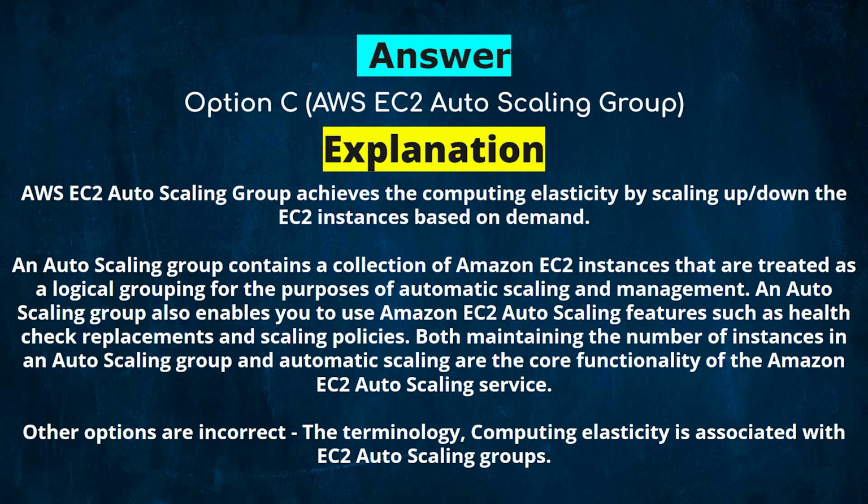An auto-scaling group also enables you to use Amazon EC2 auto-scaling features such as health check replacements and scaling policies. Both maintaining the number of instances in an auto-scaling group and automatic scaling are the core functionality of the Amazon EC2 auto-scaling service. Other options are incorrect. The terminology computing elasticity is associated with EC2 auto-scaling groups.